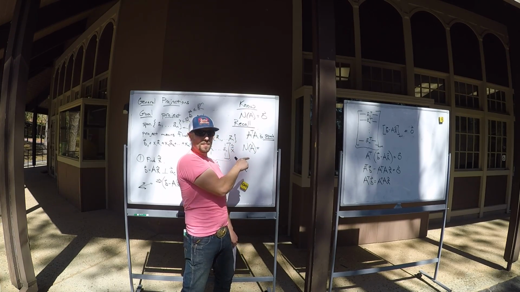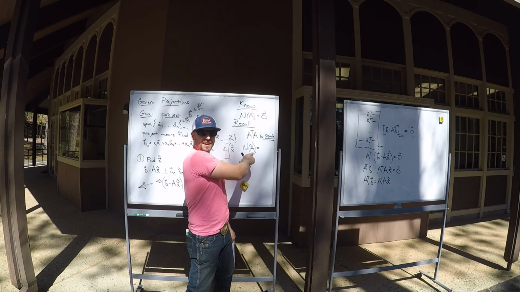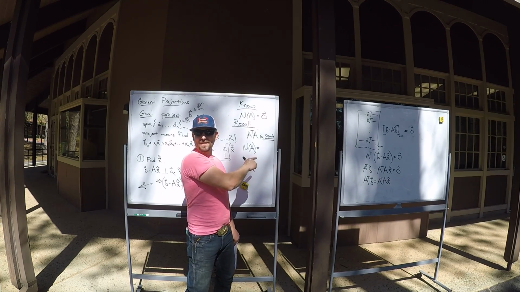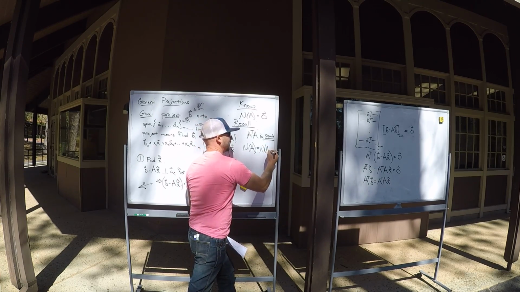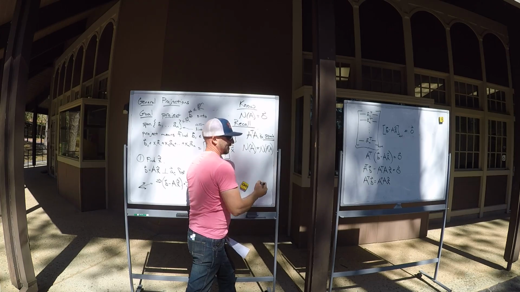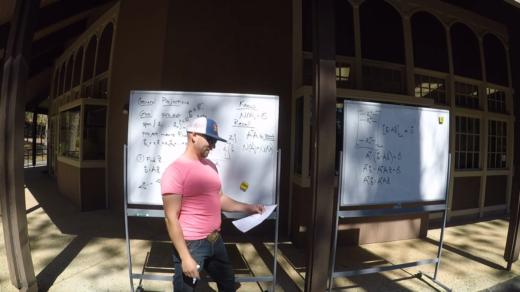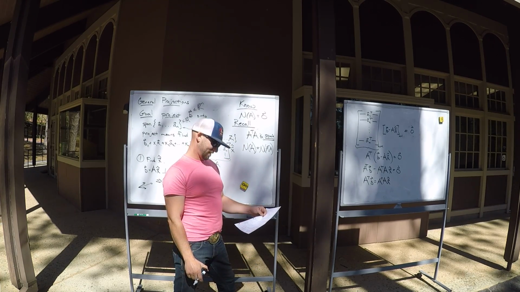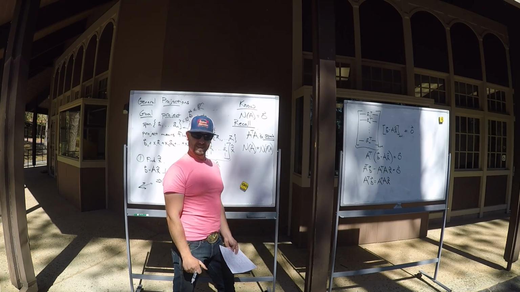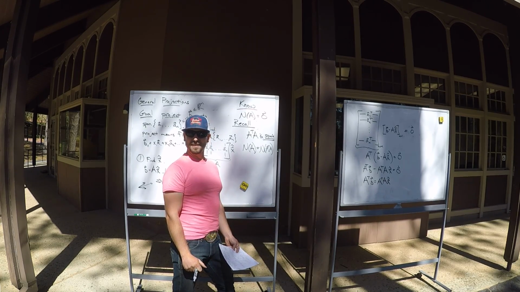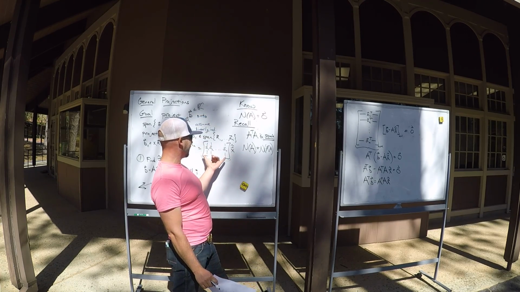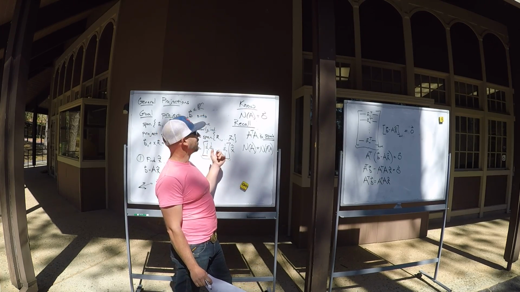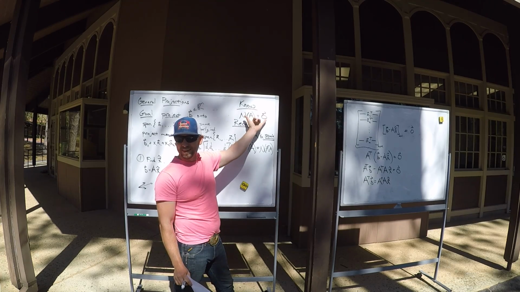And what I need you to remember is that the null space of A is the null space of A transpose A. You guys with me on that? So because I know that the columns of A are linearly independent, the null space of A is the zero vector.